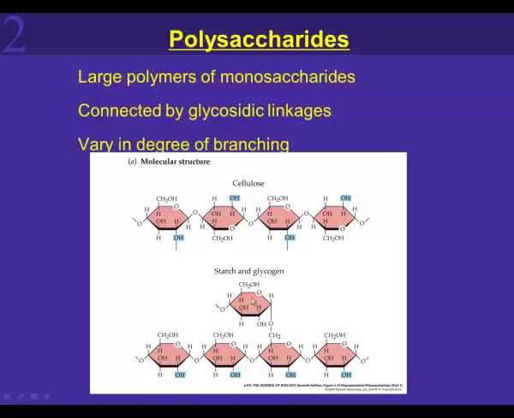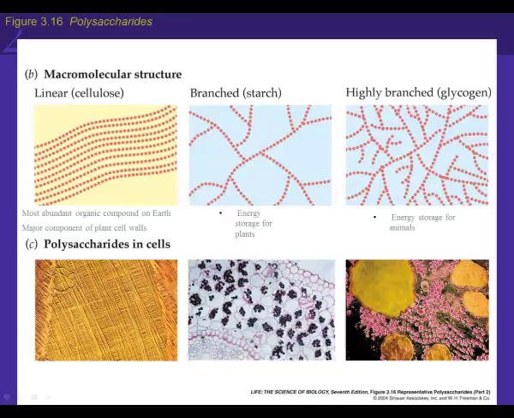By branching, we're referring to this molecule that's sticking off right here. So this is a diagram just to give you an idea of what we mean by the branching structure and how this affects the function. The first example we looked at on the other screen was cellulose, and we said that cellulose was very linear. How this impacts the function is that cellulose molecules will pack together very, very tightly.